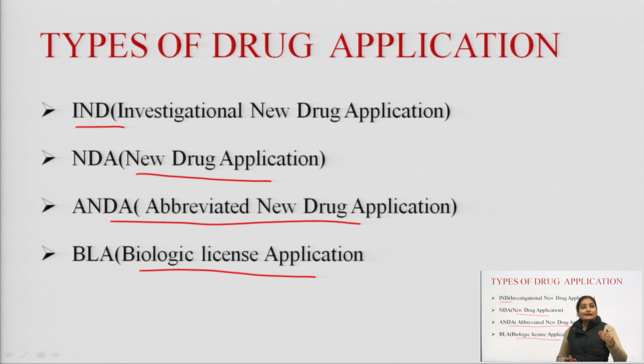Okay. Next is the NDA. What is NDA? NDA is new drug application. As IND is related to the conduction of clinical trial, if the company gets the IND approval, after that the clinical trials will be conducted on the same drug product. And we will obtain the clinical study reports, and on the basis of these clinical study reports and the data received from the non-clinical drug development, the sponsor or company will apply for the NDA.